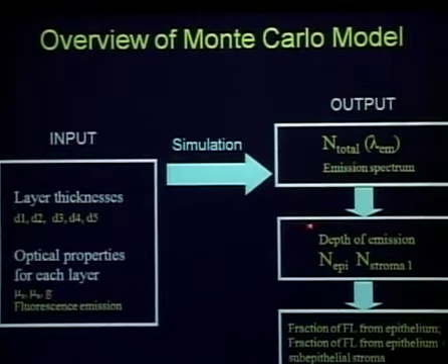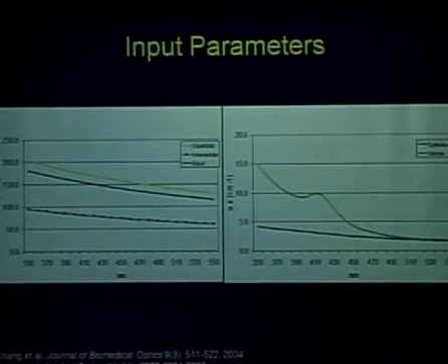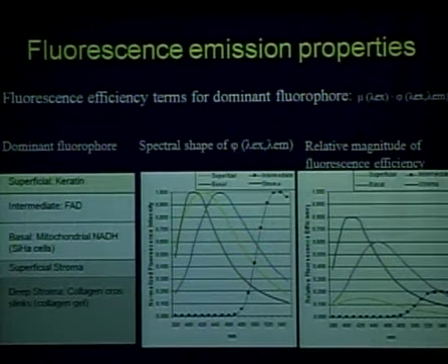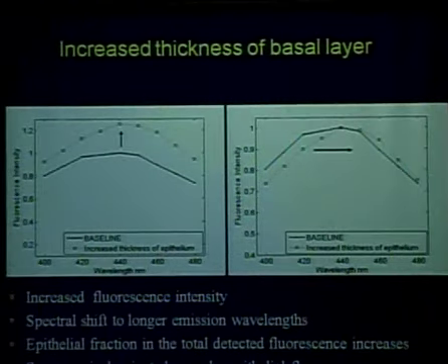And then as our output, we could track the fluorescence emission spectrum, and for those photons that were detected, the depth at which they were generated within the tissue. So we could determine whether we were really confining our light to the epithelium with the shallow channel of the probe. These are the scattering and absorption coefficients and the fluorescence emission properties that we used. I'm just going to skip through that and be happy to go back to it if there are questions, but I want to get to the results.